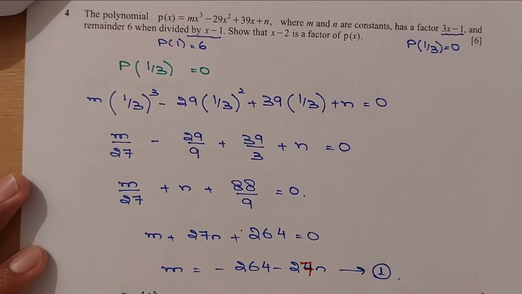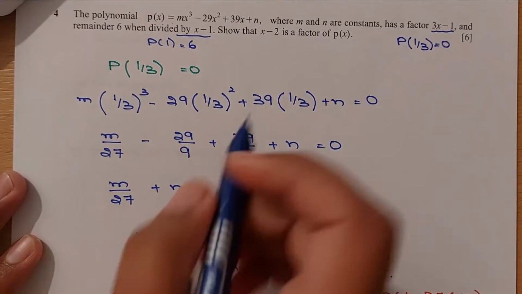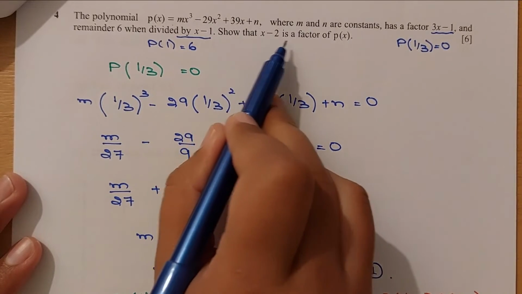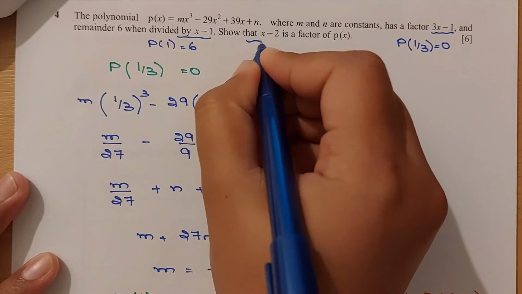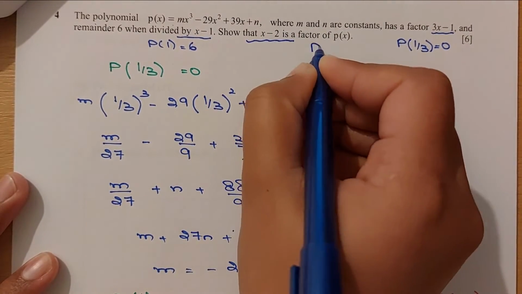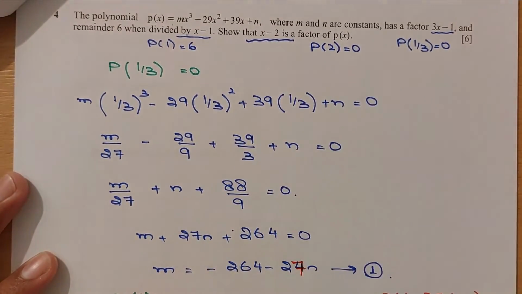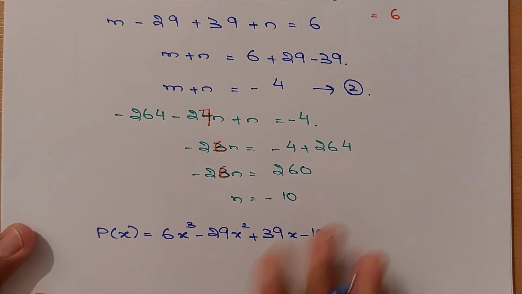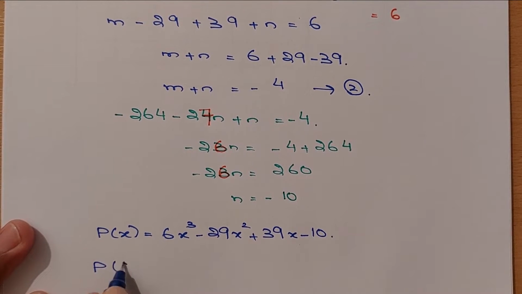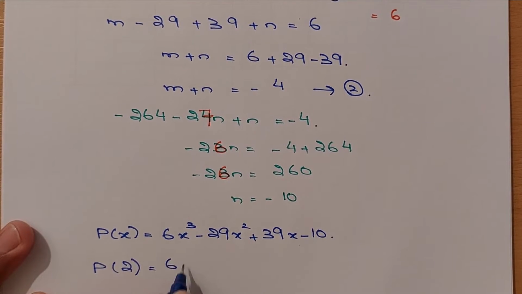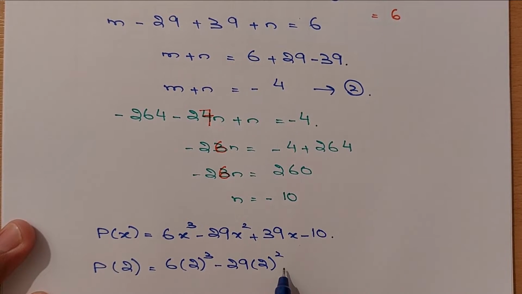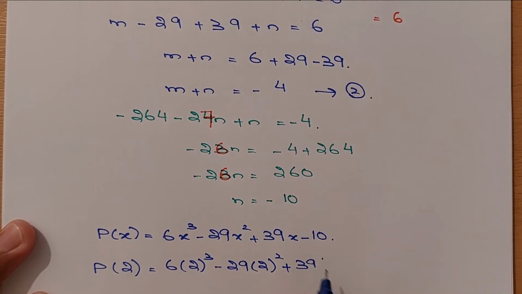Now we have the question to show that x minus 2 is a factor of this polynomial. If x minus 2 is a factor, it means when we put p of 2, we must get 0. So let's see what p of 2 is. P of 2 is 6 times 2 cubed minus 29 times 2 squared plus 39 times 2 minus 10.